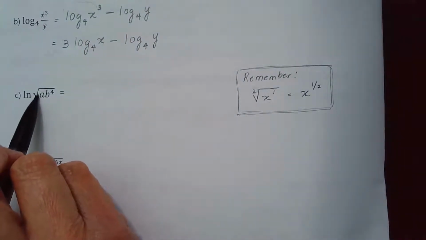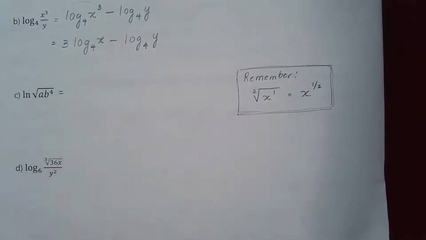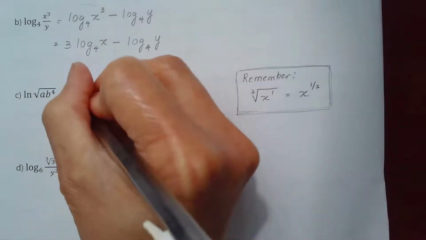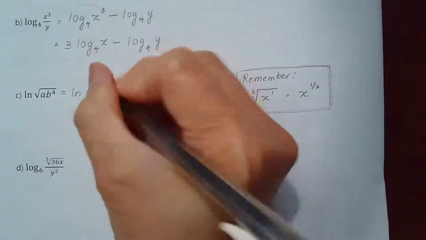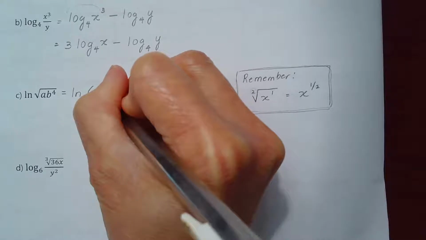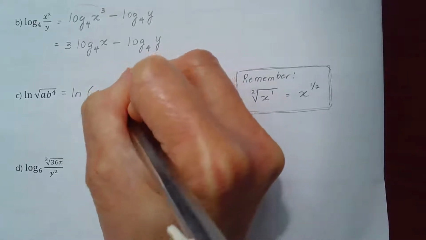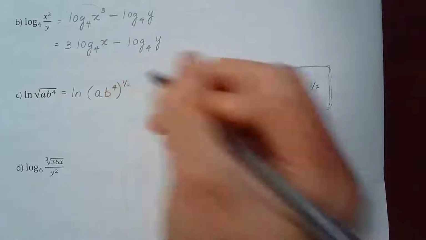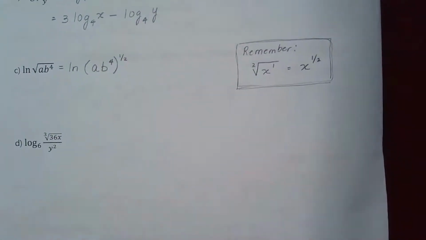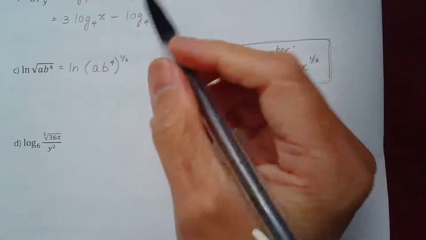This square root is applied to all of these, so that's a great thing. I can go ln of a times b to the 4th, and then the square root, that's the same thing as exponent 1/2. Good. So that's the first part. Now here's the other thing we can do.